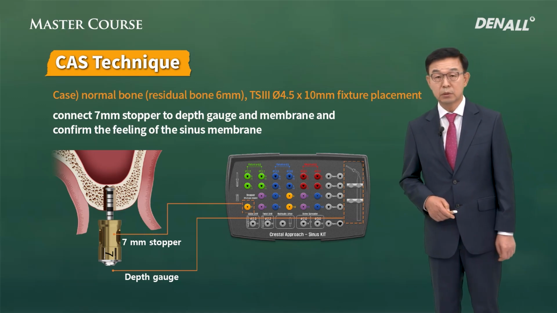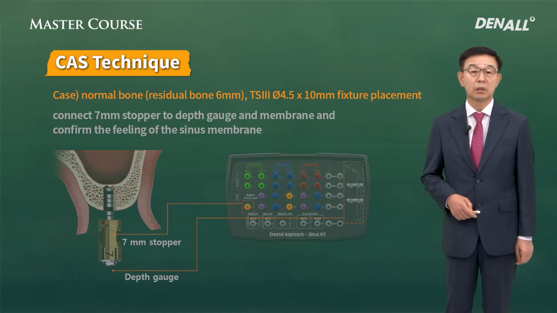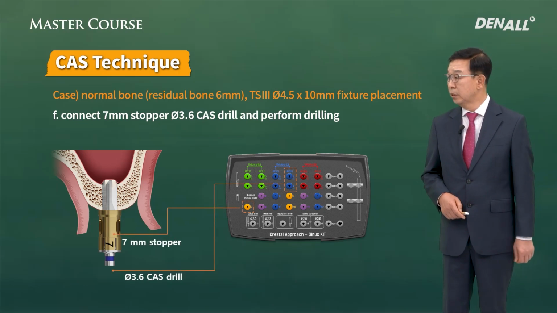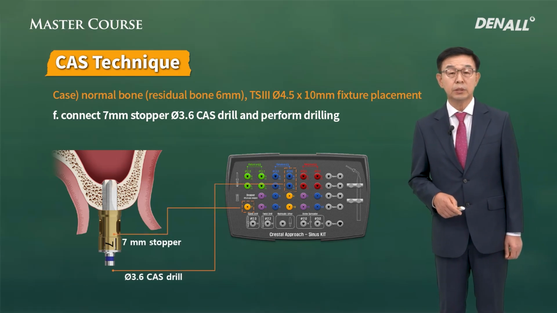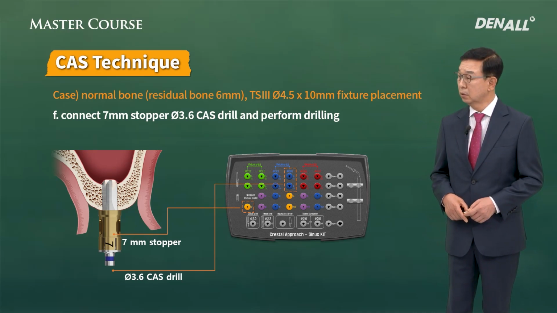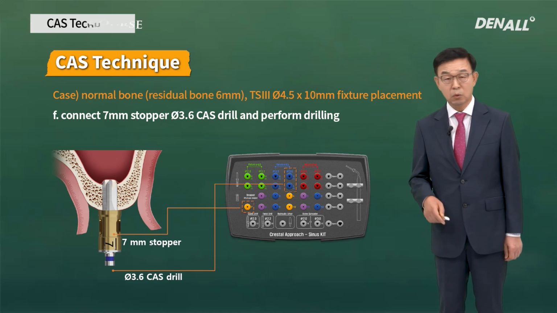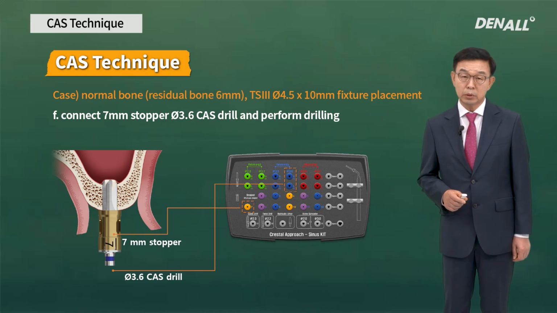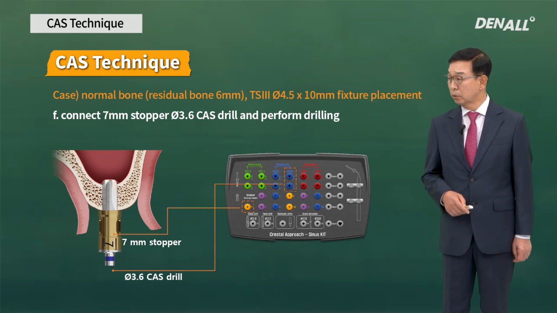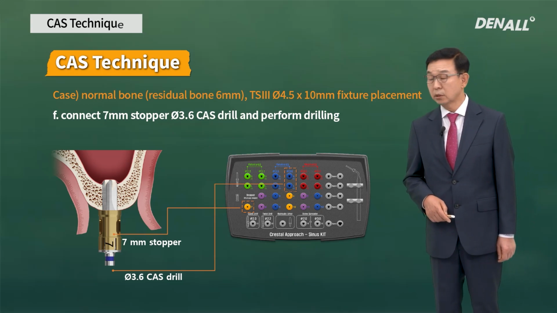If the sinus floor is not penetrated, use a 7 mm stopper and drill slowly. Do it below 800 RPM. And if you pay attention to the feeling of the sinus floor being penetrated, in most cases you'll be able to notice that.